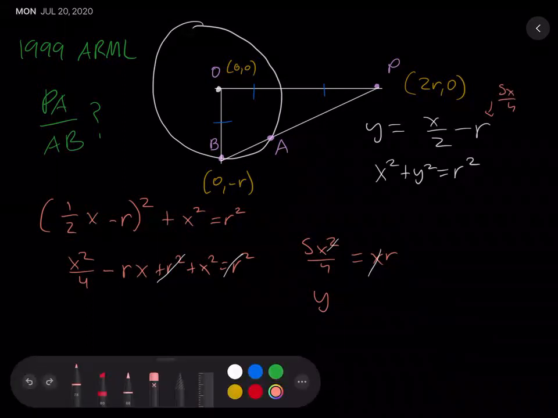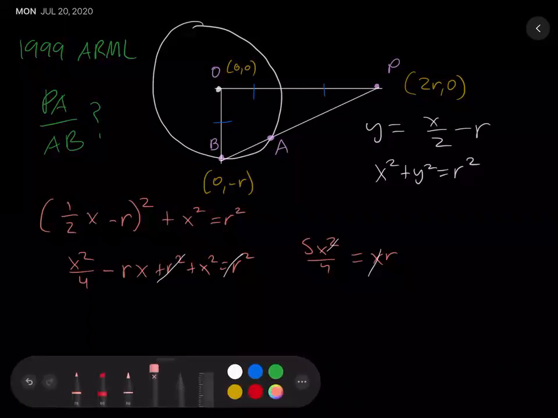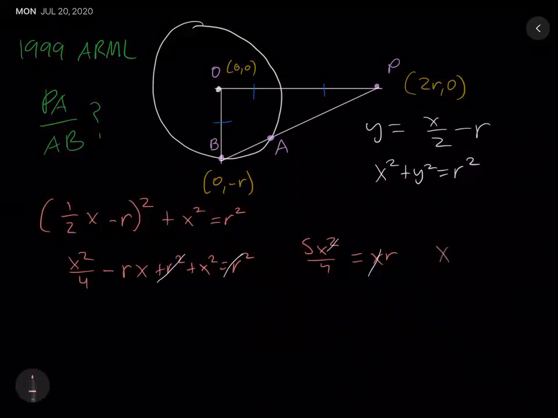A better idea, actually, I just thought about this. A better idea would be to take the equation for x and plug it in. So we can express this as x is equal to 4r over 5. And this will give us coordinates all in terms of r. So we can plug this in instead.